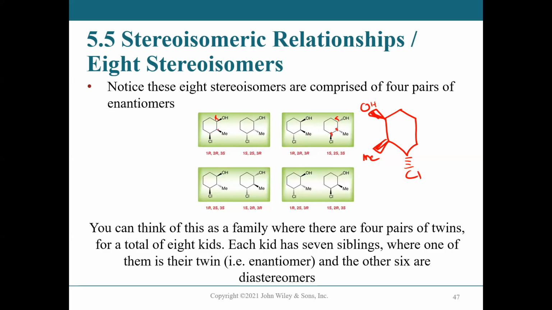Chlorine is bigger than oxygen, so this would be R. This would be S. It's coming out here. So 1, 2, 3, it'd be R. All right, does anyone have any questions on how you get R's or S's here, or why these are enantiomers?